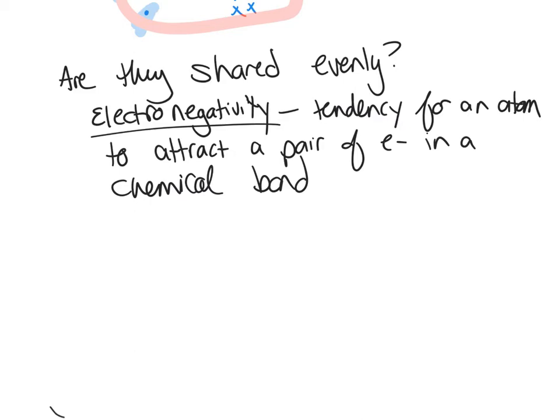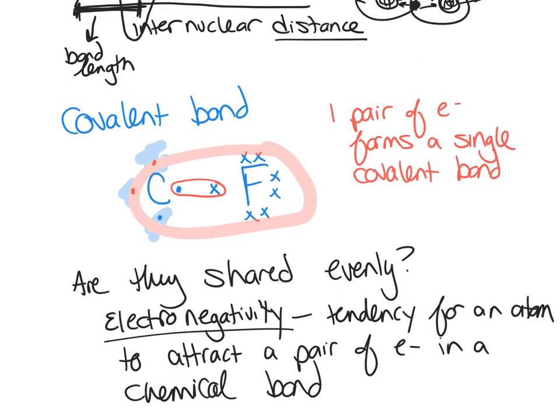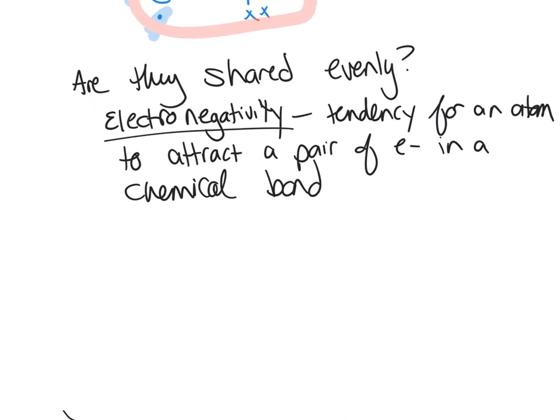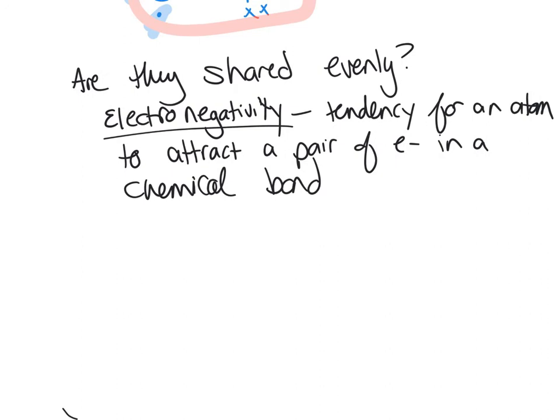So if I'm looking at this, I've got fluorine and I've got carbon. Who's pulling harder? Is fluorine trying to pull harder, or is carbon trying to pull harder on those electrons? Okay, so that's what electronegativity is. It follows the same trends as ionization energy, without the exceptions, okay?